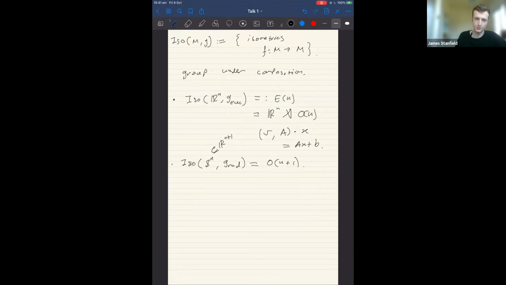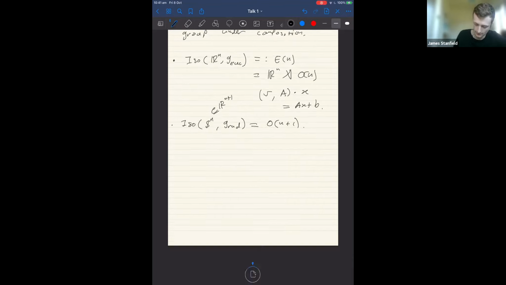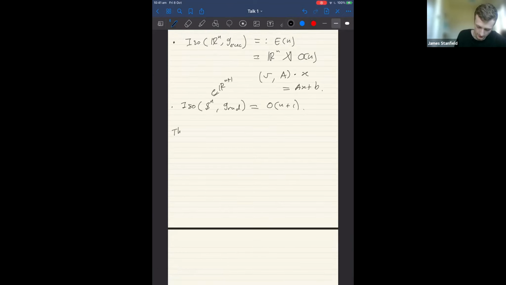Right, so I was talking about isometries of the sphere, and now here's one of my favorite theorems, commonly called the Myers-Steenrod theorem. I'm going to highlight it because it's very nice.